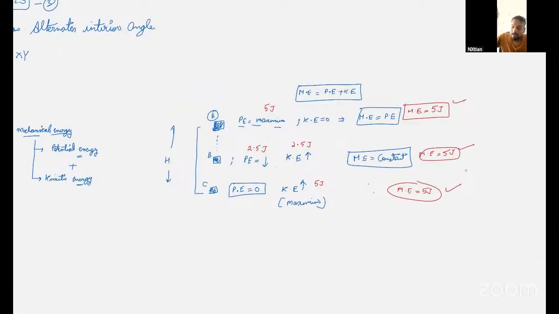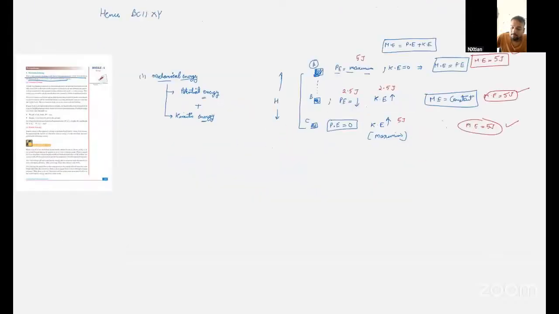Now I told you that the potential energy is related to the change in position, because I am changing the height of this object and potential energy is created. So the potential energy formula is M into G into H, mgh.